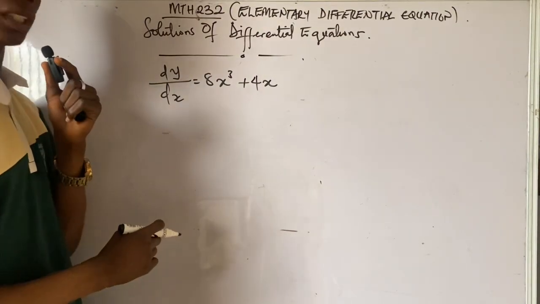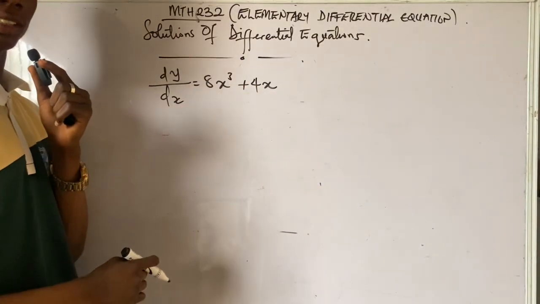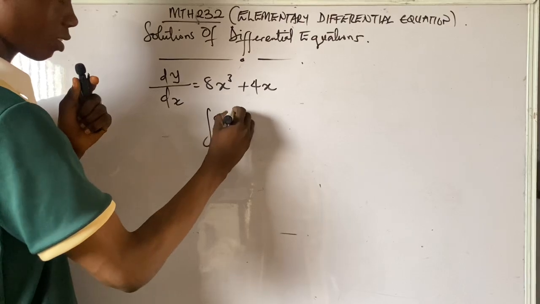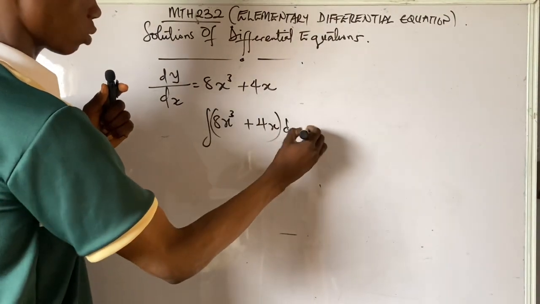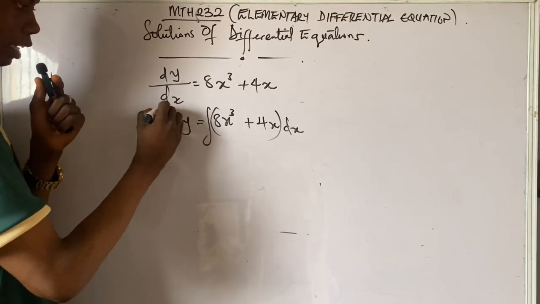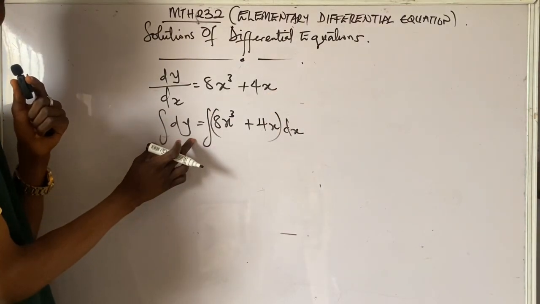This is a differential equation. The solution is very obvious because you can just integrate: 8x cubed plus 4x with respect to x, and that is going to be your dy. I cross multiplied and integrated both sides.